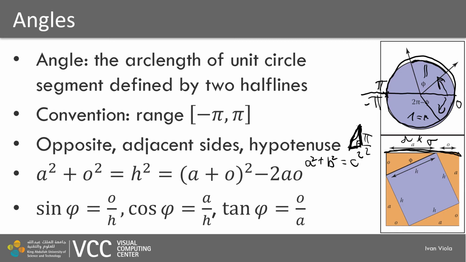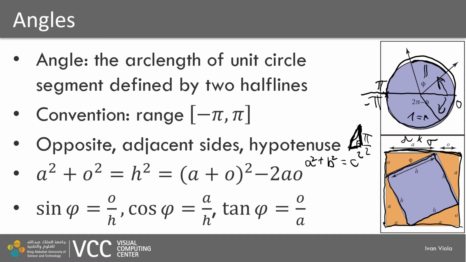This is actually the area corresponding to this entire square here. And now we are saying that a squared plus o squared equals h squared. And h squared is just this hypotenuse here. This is the h, this is the h squared.